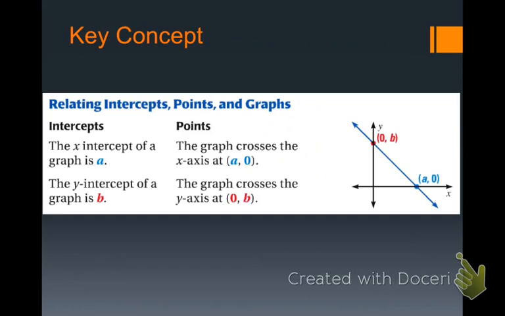So if you were trying to tell someone a point, A isn't enough information. Calling it an x-intercept at A tells us that we use the point (A, 0). And the same thing with the y-intercept. The y-intercept of a graph is B, which tells us that the graph crosses the y-axis at (0, B). And that's it for this section.